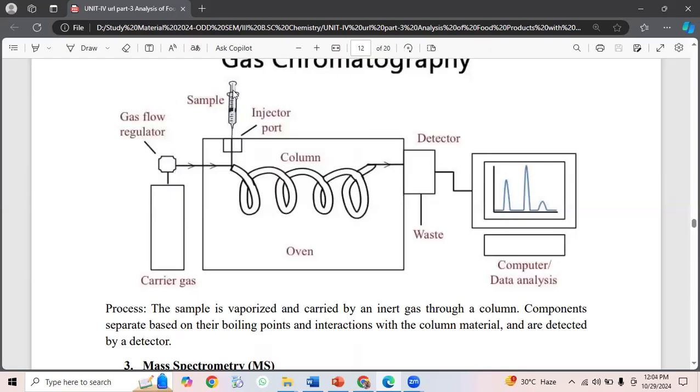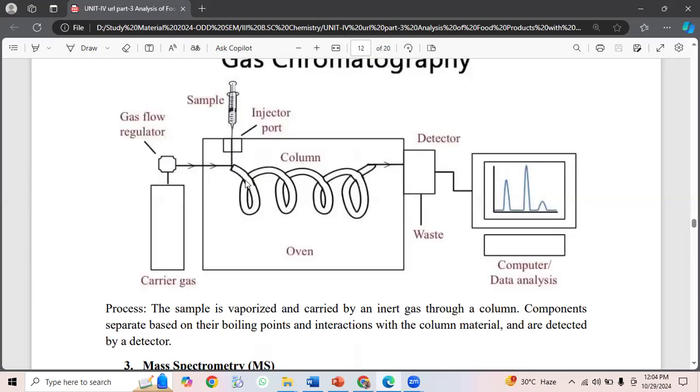through the system. Along with the sample injector, we pass the sample, and simultaneously the carrier gases like helium, nitrogen or hydrogen, along with the sample, pass through the column. The gas flows at a controlled rate and does not interact chemically with the sample.